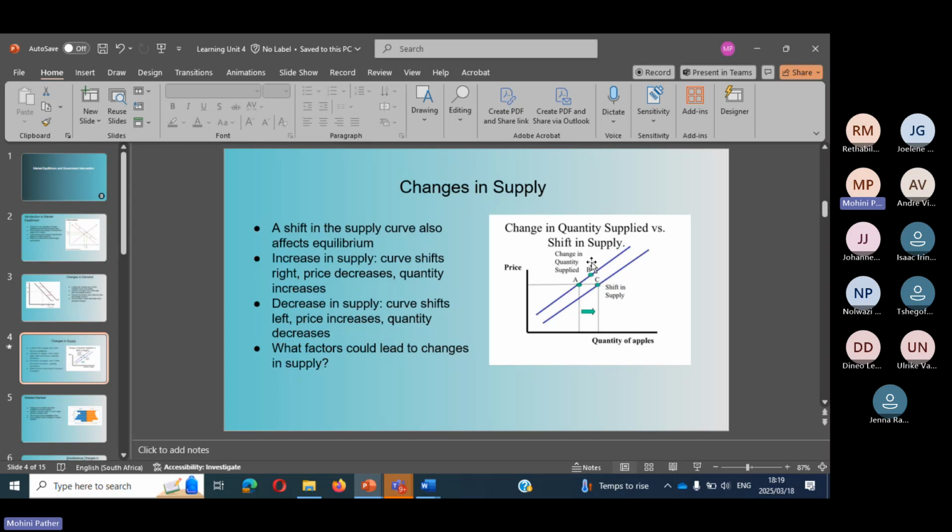As long as it's price, because you have price and quantity as your independent and dependent variables on your X and Y axes, if something happens to price, you are not shifting your curve.